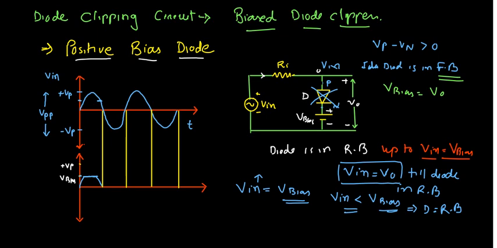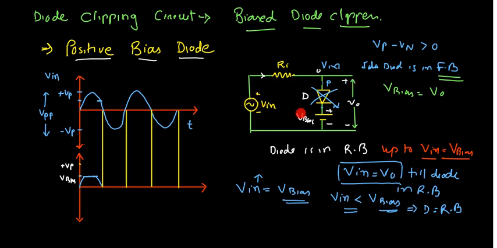So once again the output will follow the input. Whenever this input is increasing from this point, at that time only the diode is going to get in forward bias. Otherwise for all the other values, the diode is in reverse bias. Whenever the diode is in reverse bias, we will never be able to get the flat output voltage. V input is directly available over here.